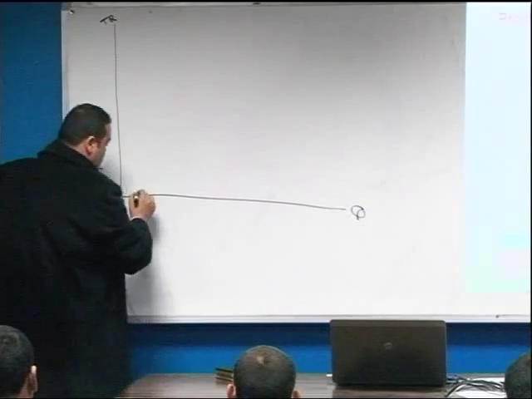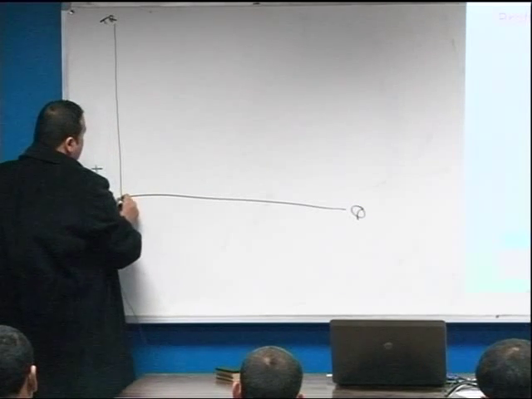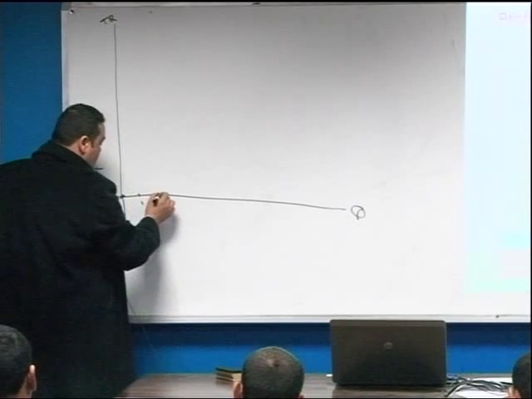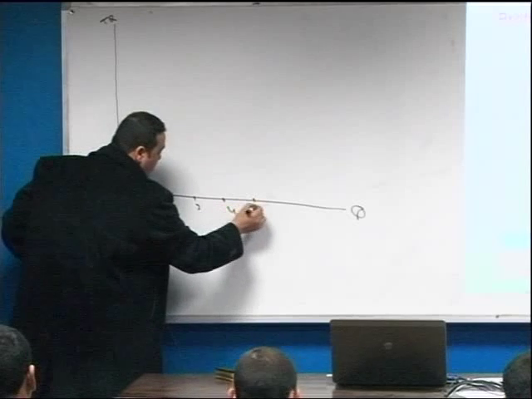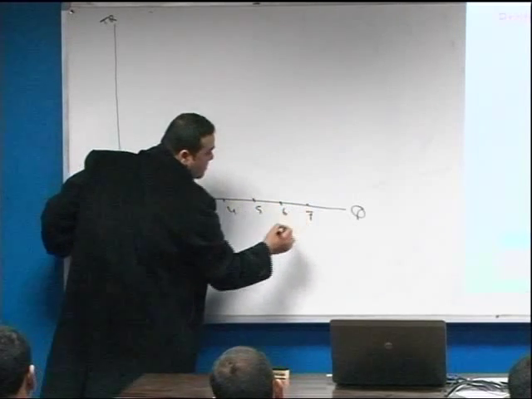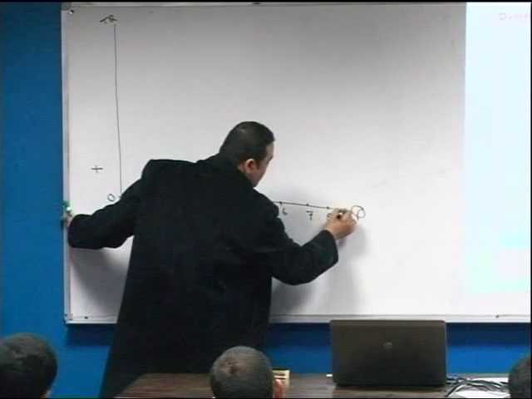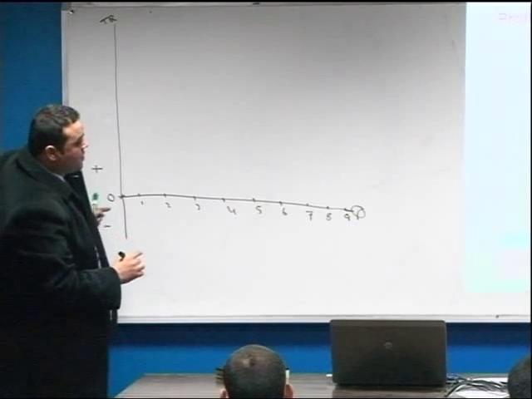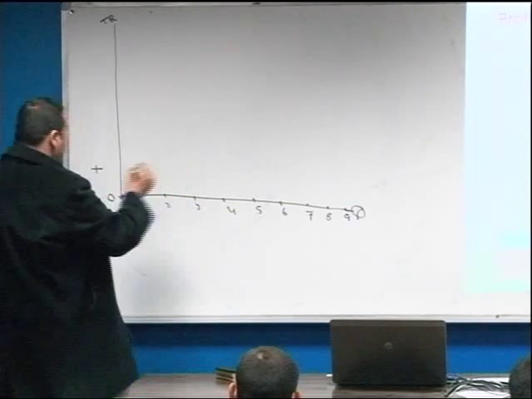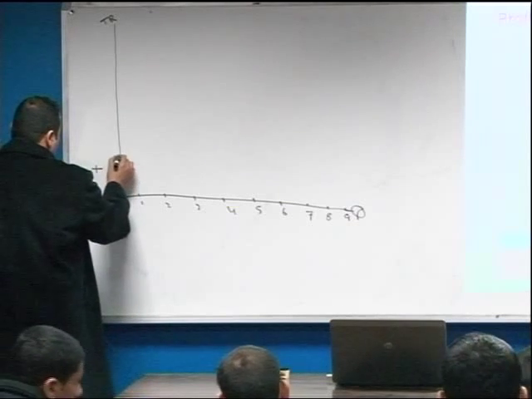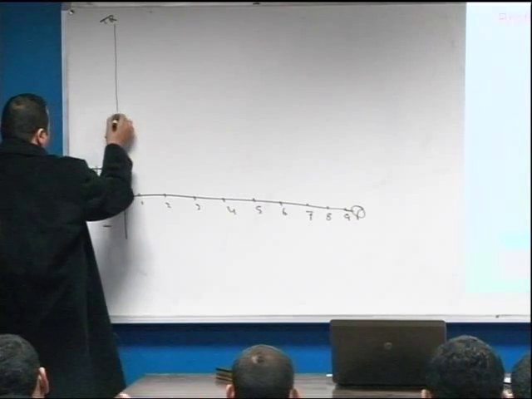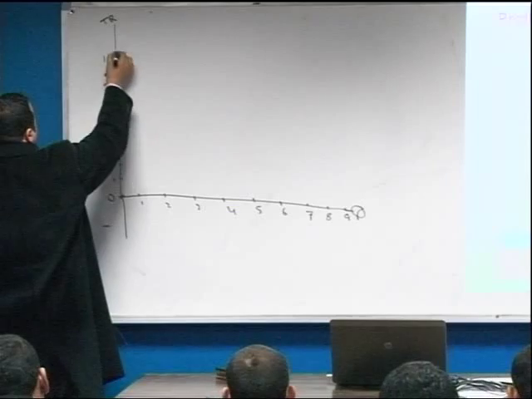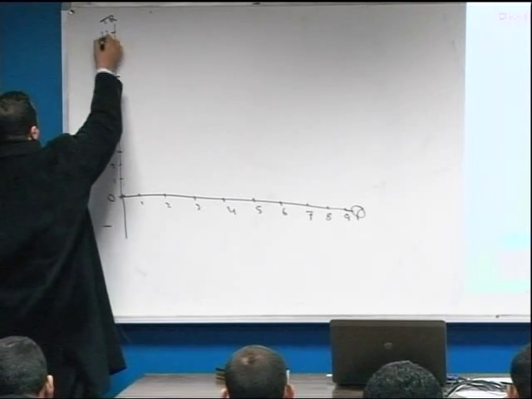At the quantity 0, the total revenue is 0. At the quantity 1, suppose 1, 2, 3, 4, 5, 6, 7, 8, 9, this is the value of the quantity. What about the value of total revenue? 0 from 0, then 1, 2, 3, up to 12.